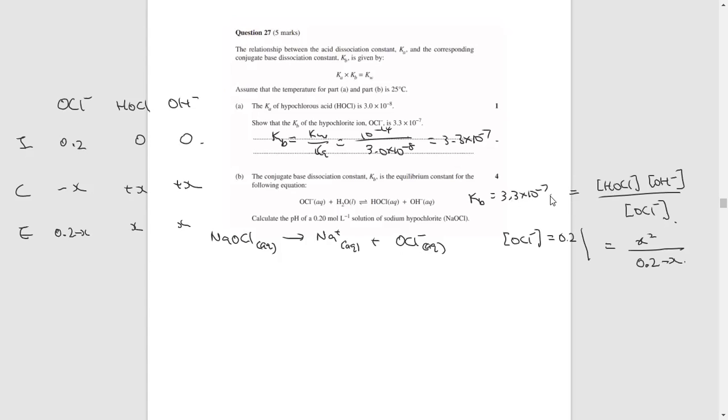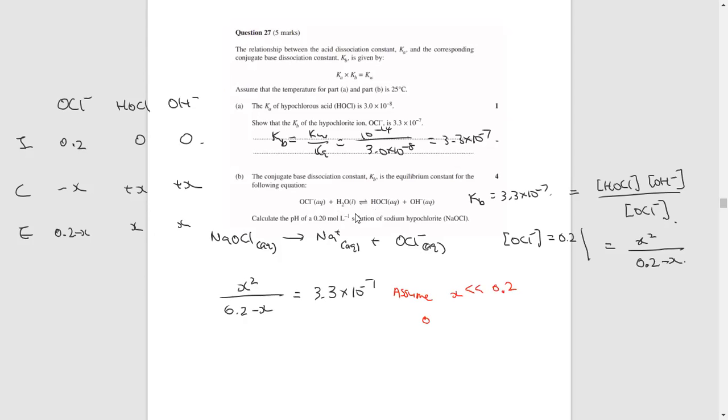So in other words, you're trying to solve x squared over 0.2 minus x equals 3.3 times 10 to the negative 7. Now, you could multiply this out, solve the quadratic, and so on. But in chemistry, we're often used to approximating. This x is the amount that dissociated, and we just said that this is going to be a very small amount. So we assume that x is significantly smaller than 0.2 in this case.